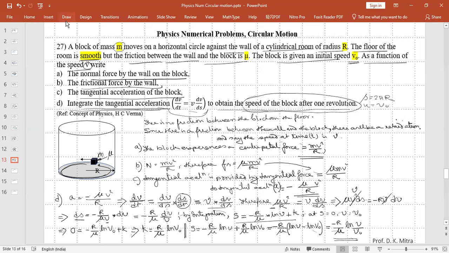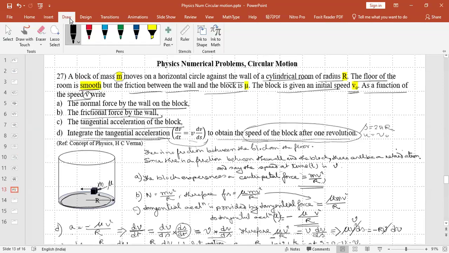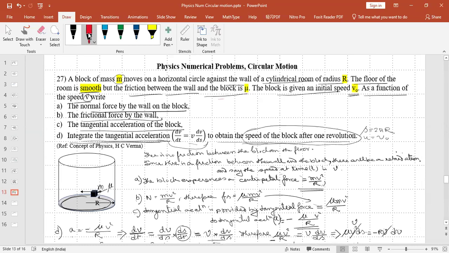So let me take a little bit of space which is available here to complete the problem. Otherwise, I will have to go to the next page.